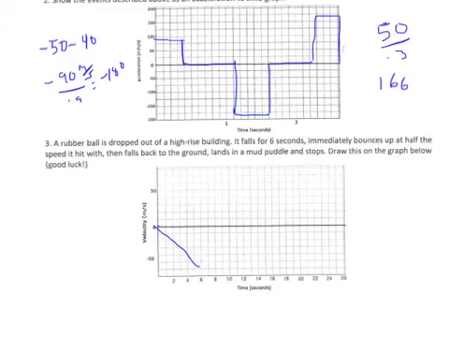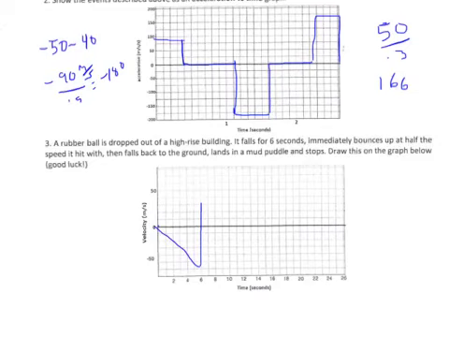Now it has a positive velocity that's half as large as its negative velocity. So its negative velocity was negative 60, so now it's immediately going to have a positive 30 meters per second velocity. It's going in the positive direction. So that's what happens when balls bounce. You get this weird little sawtooth thing.